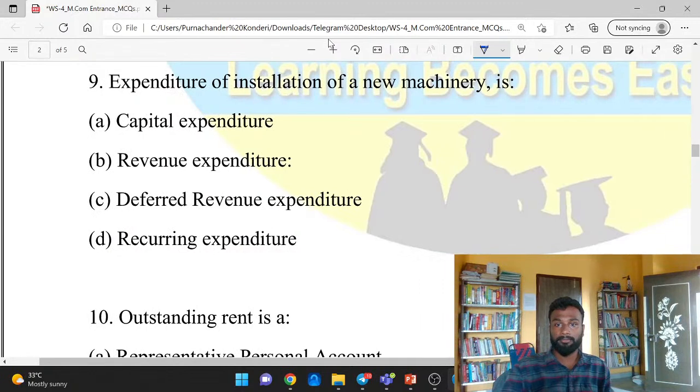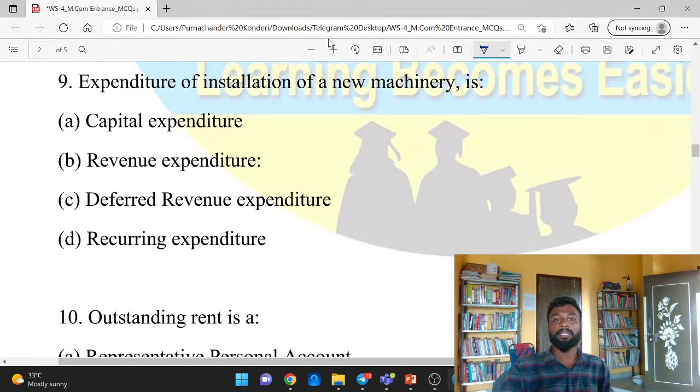Question number 9. Expenditure of installation of new machinery.